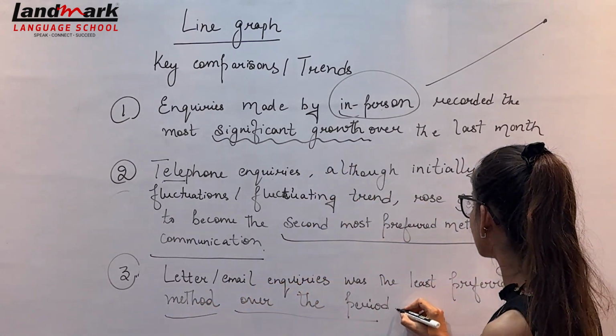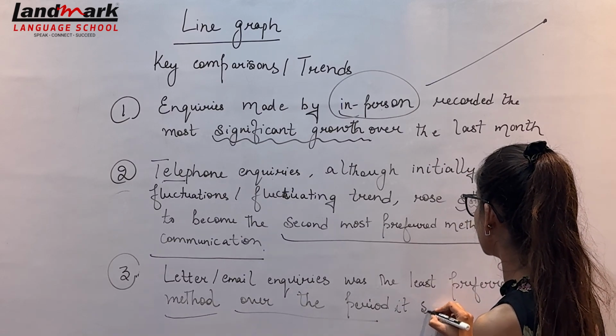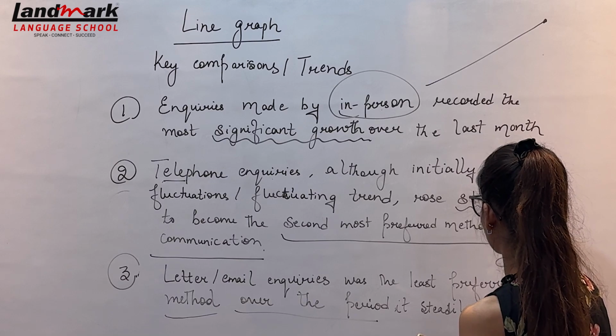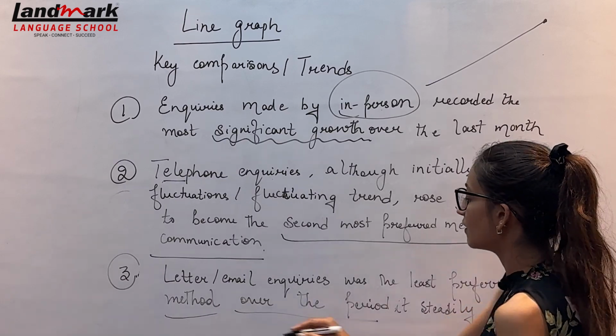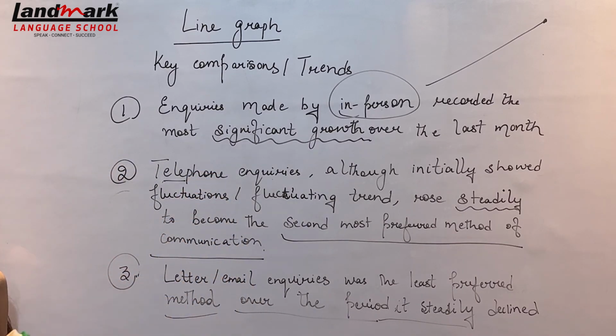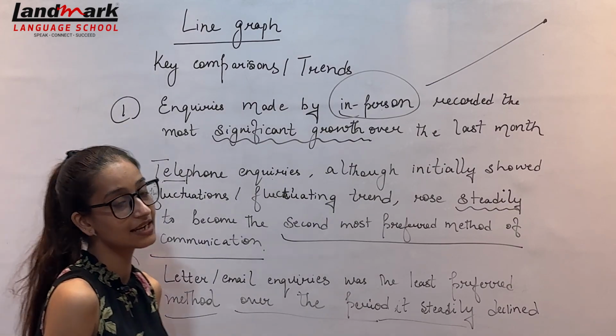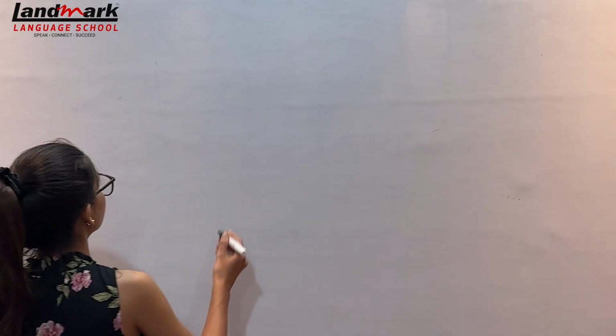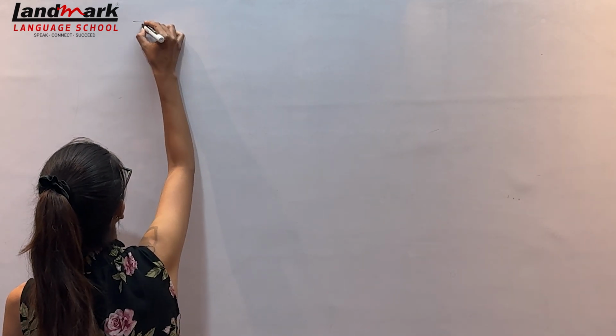So we can also write it steadily declined. So keep these three things in mind, and then you have to start your task 1 or your graph. Firstly, we have to make these comparisons, right? So now let's start with solving this task. Okay, so the first step is to change the introduction.